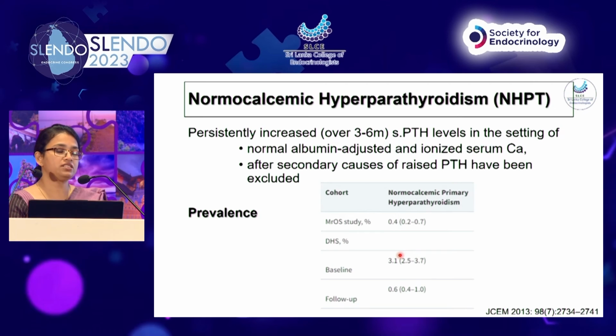But over time, with follow-up, they repeated this and found it to be 0.6%. So the majority, although they had normocalcemic hyperparathyroidism, had reverted back.